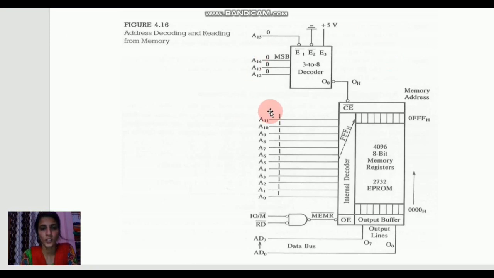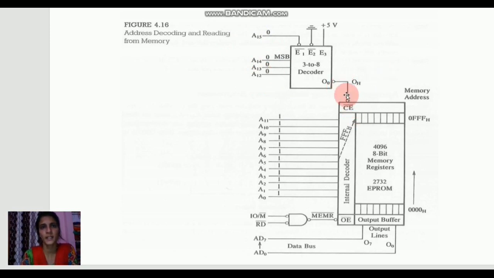As we already talked about, this chip has memory locations from 0000 to 0FFF, a total of 4096 locations. Whenever the processor wants to read something from one of these locations, it puts the address on the address bus. Suppose the address is 0111. Since A15, A14, A13, A12 are 000 for all these locations, the chip is active.